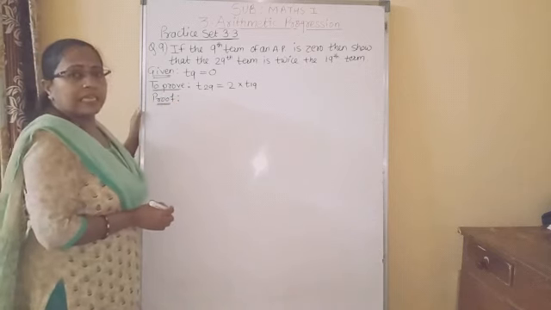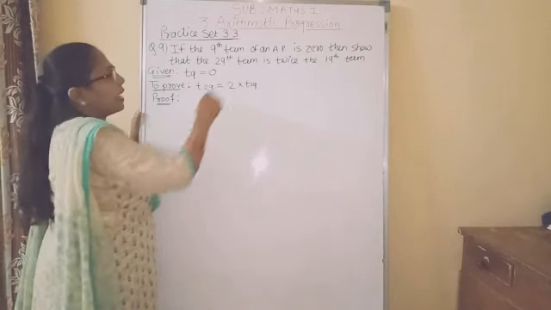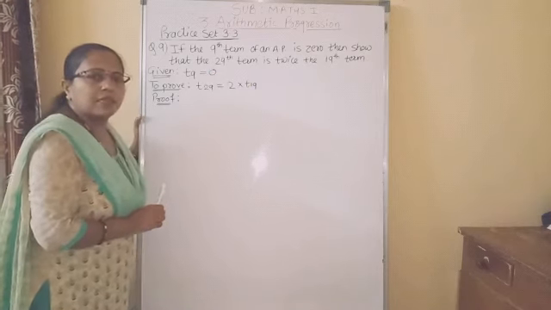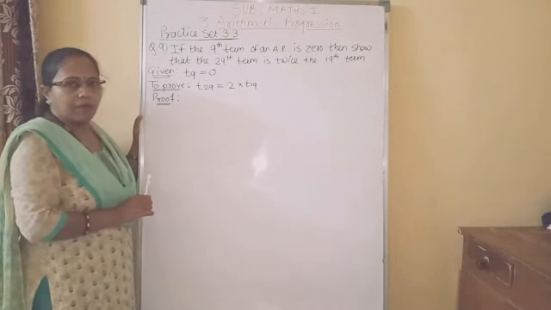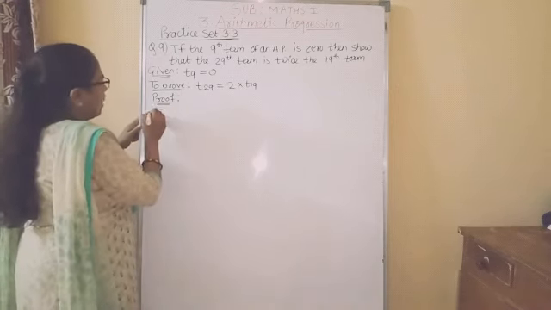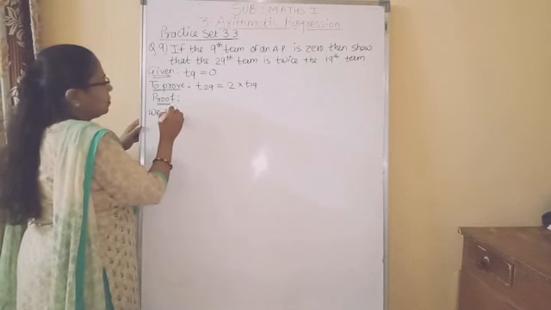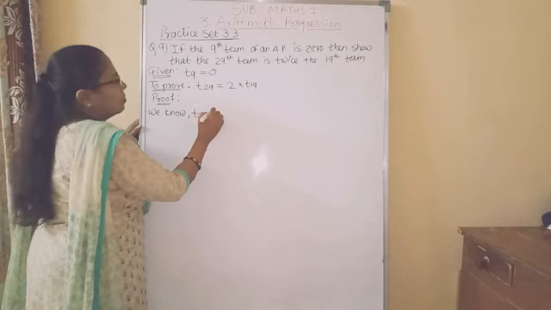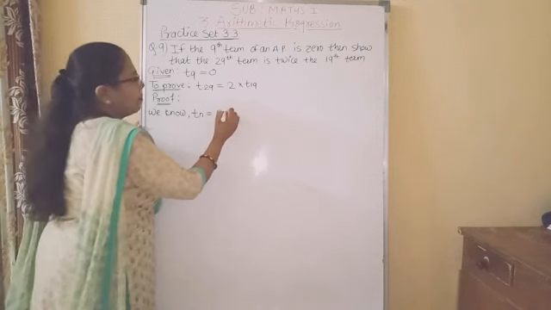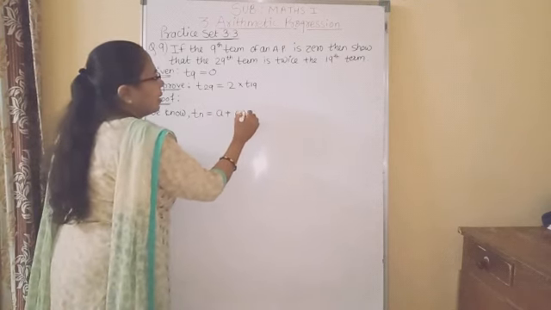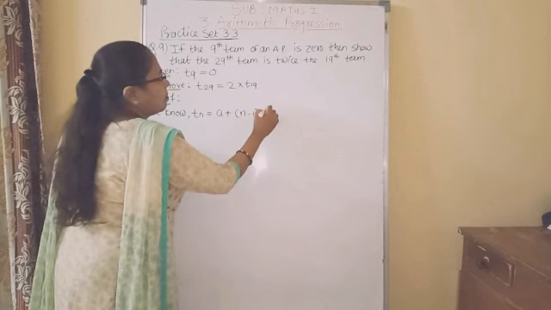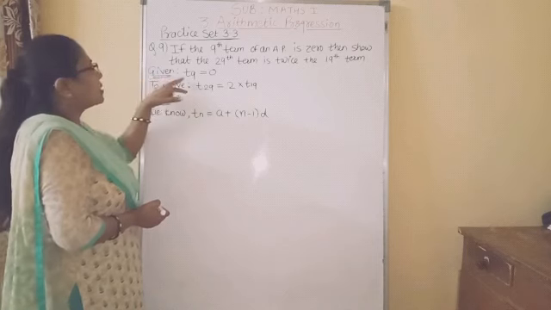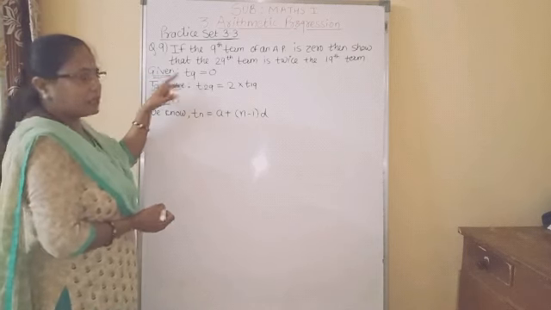Now the question is related to terms in AP. So we have to use here the nth term of an AP formula. Okay. So we know that formula: Tn is equal to A plus bracket n minus 1 bracket close into D. Now which term is given in the question? 9th term.